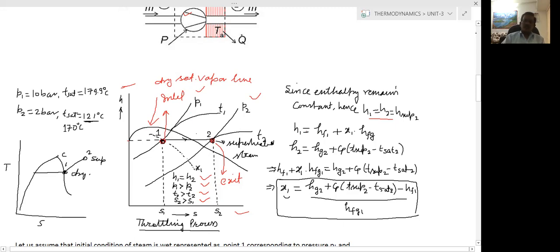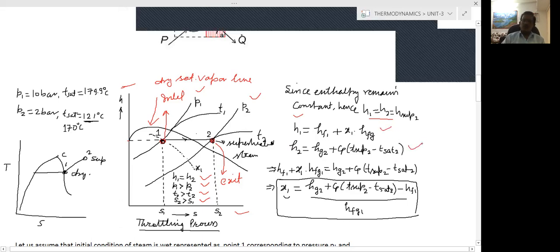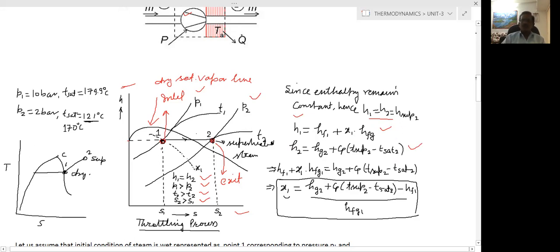For the wet steam, we can write enthalpy H1 equal to Hf1 plus X1 into Hfg1. At point 2, the condition of the steam is superheated steam, so we can write enthalpy H2 equal to Hg2 plus Cp into (T super 2 minus T saturated 2). Because enthalpy remains constant, we can equate these two enthalpies, H1 equal to H2.